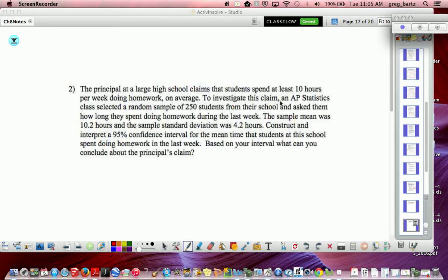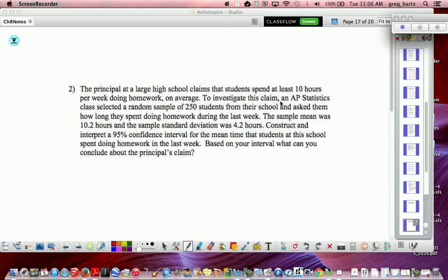The sample mean was 10.2 hours, and the sample standard deviation was 4.2 hours. Construct and interpret a 95% confidence interval for the mean time that students at the school spent doing homework in the last week. Based on your interval, what can you conclude about the principal's claim? So at the end, we'll even talk about this interval and say, hey, is the principal okay saying this?